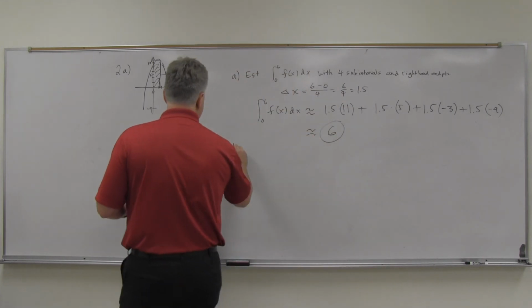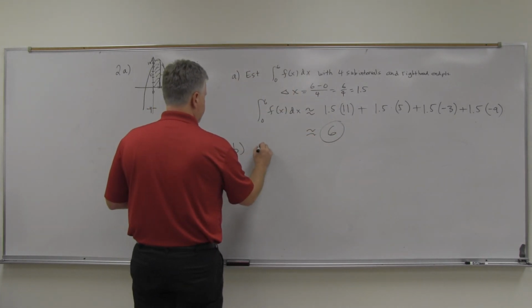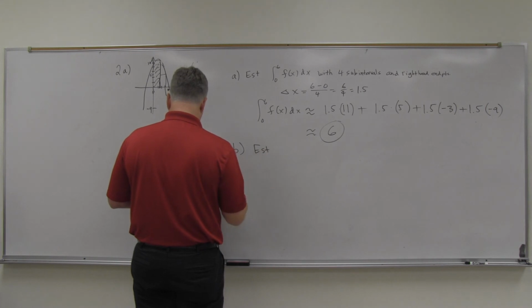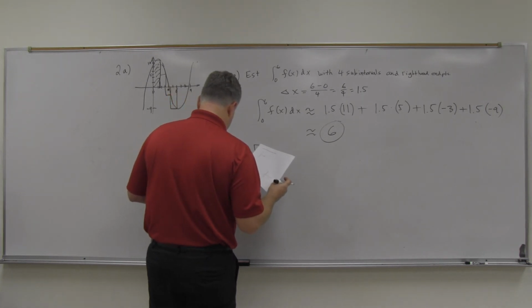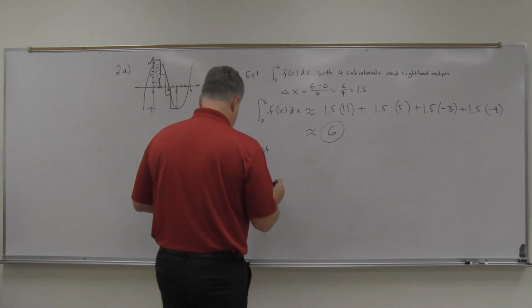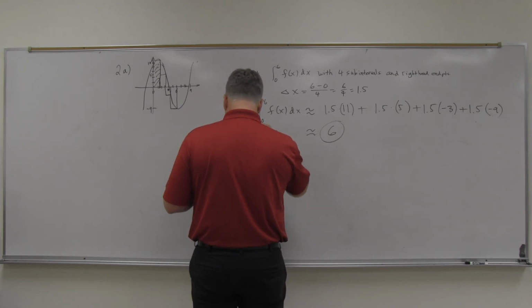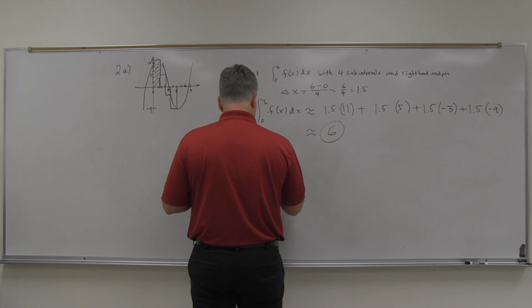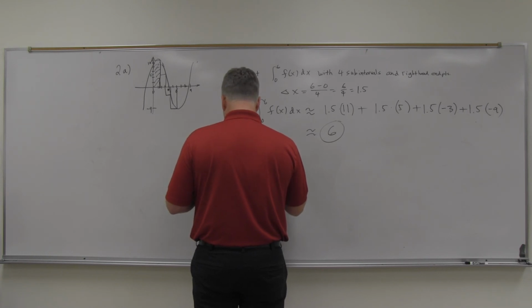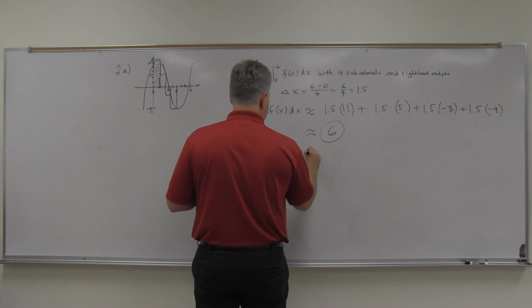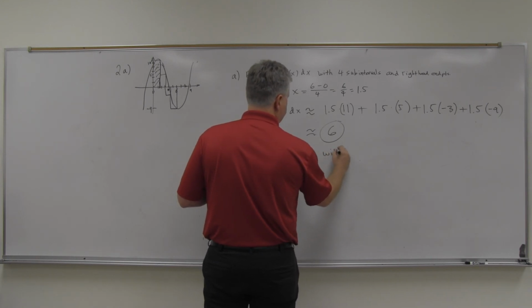The second one, 2b. So let's estimate the integral from 0 to 6 of f of x dx with the midpoint rule.